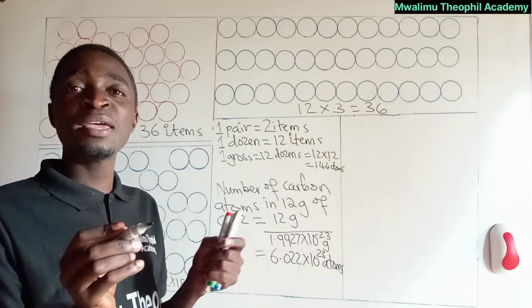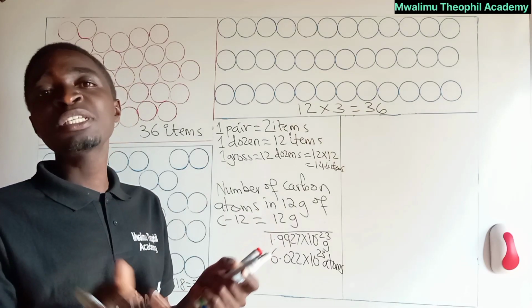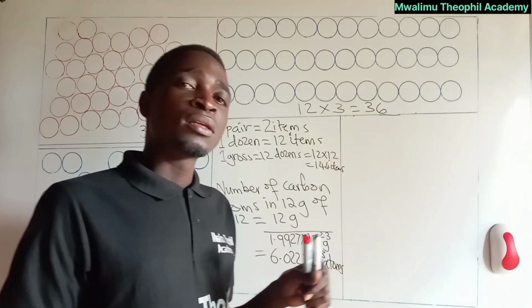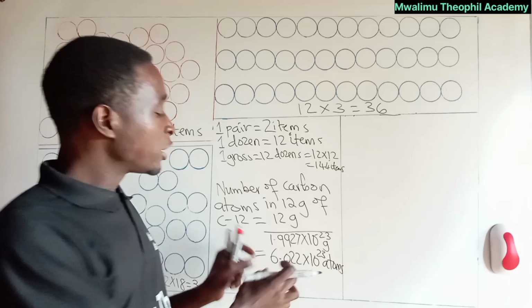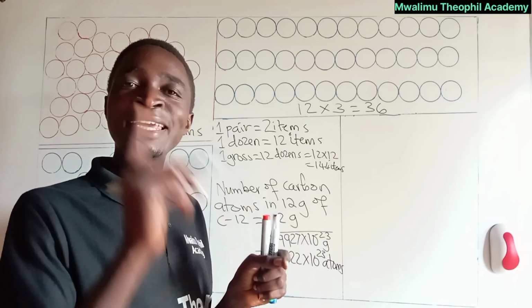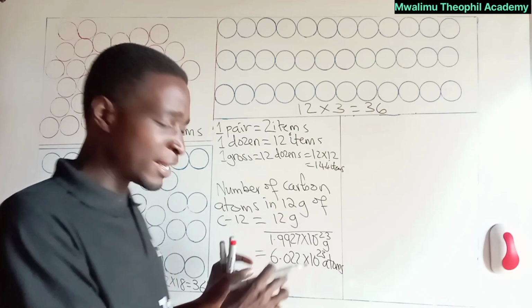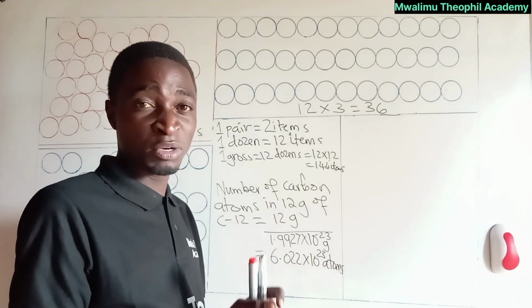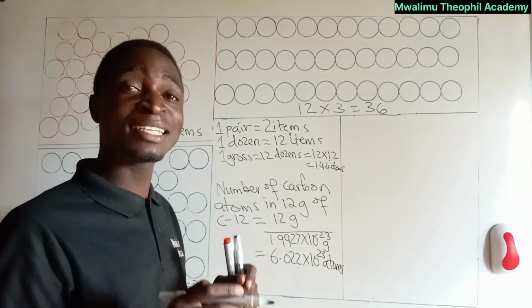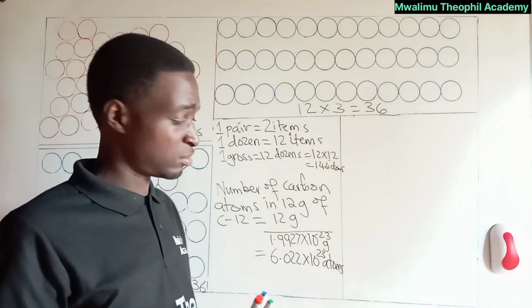These particles can be atoms, molecules, ions, photons, electrons. This number, which was taken as the standard for the number of particles in each mole of a substance, is known as Avogadro's constant, because the one who did this work was an Italian scientist known as Avogadro.